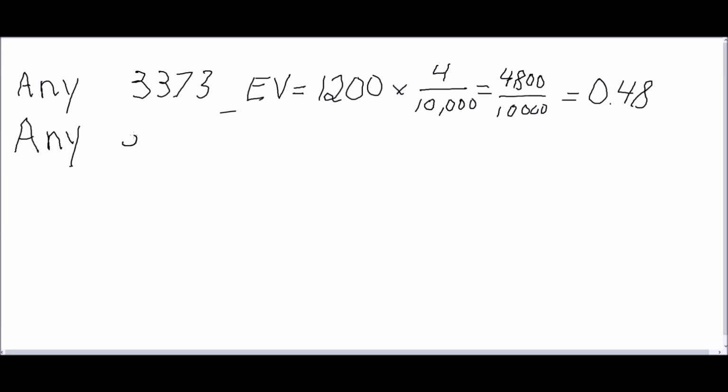What if the player picks a combination like 3, 7, 3, 7? If the player wins with 2 different digits where each one is represented twice, he'll win $800 on a $1 ticket. How many ways can the player win?